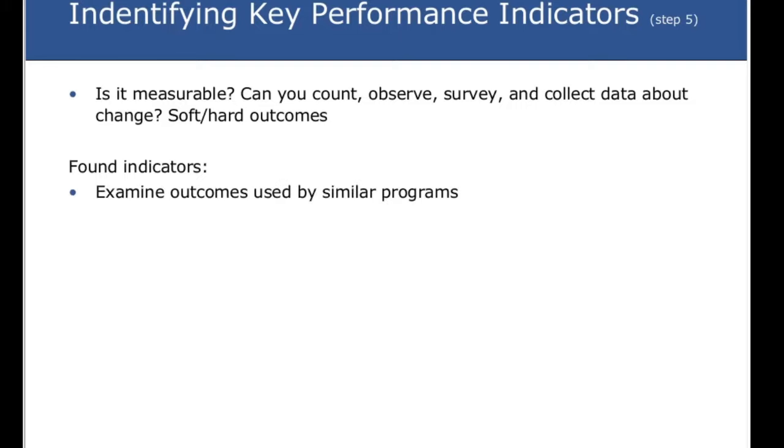You can find indicators within material that's already existing. For example, examine the outcomes used by similar programs. Return to the evidence base of the program that you selected to achieve the success that you wanted. Within those evidence-based programs will be the indicators that you're looking for to show you that you're succeeding in your programs.